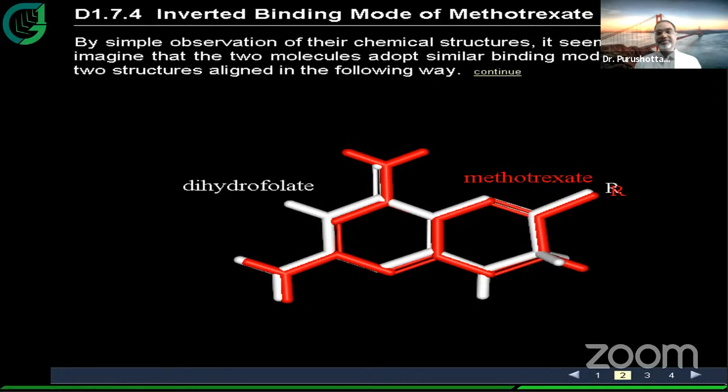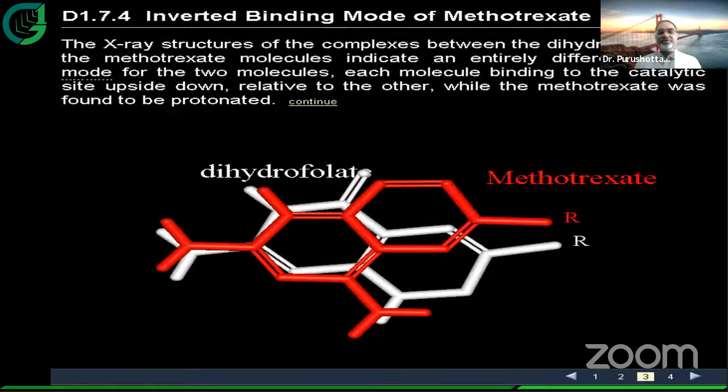Probably you would imagine that, but the actual story is totally different. The X-ray structure of the complexes between the dihydrofolate and the methotrexate molecule indicates an entirely different binding mode. This is the second example where the compounds look similar but they bind differently: each molecule binds to the catalytic site upside down, totally differently.